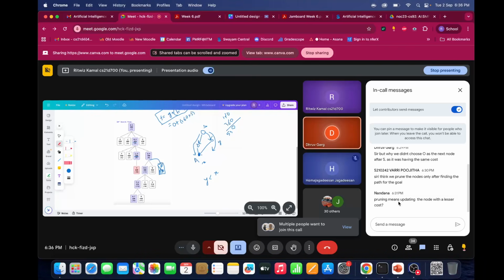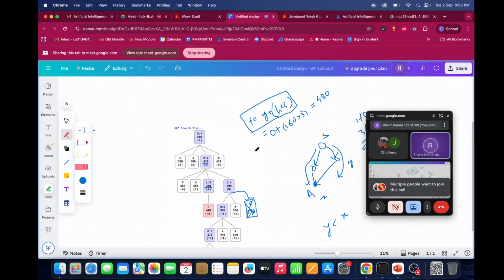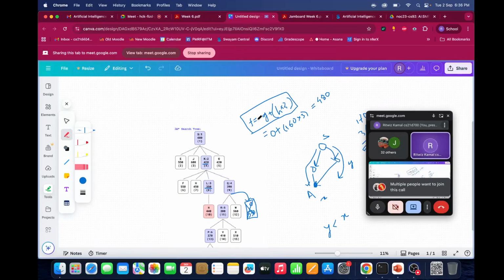In this, we multiplied that cost with 3, because we use a weighted A star version of the method where the weight is 3. We use this framework: the F function is defined by the true cost plus the heuristic cost multiplied by the weight. Weight happens to be 3 in this case, so we get 480.